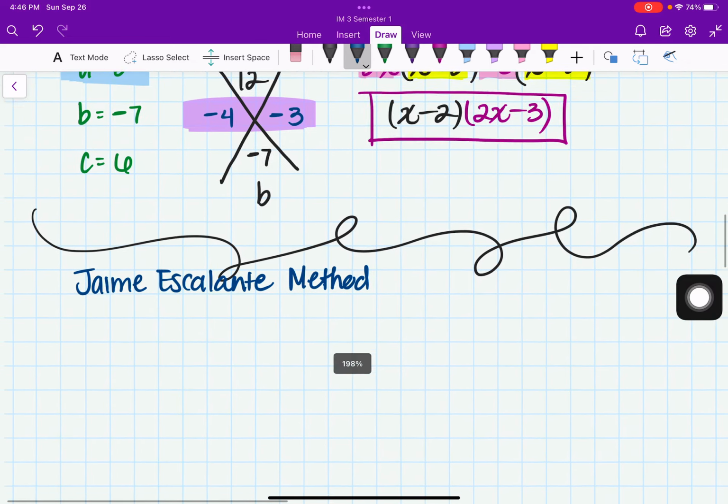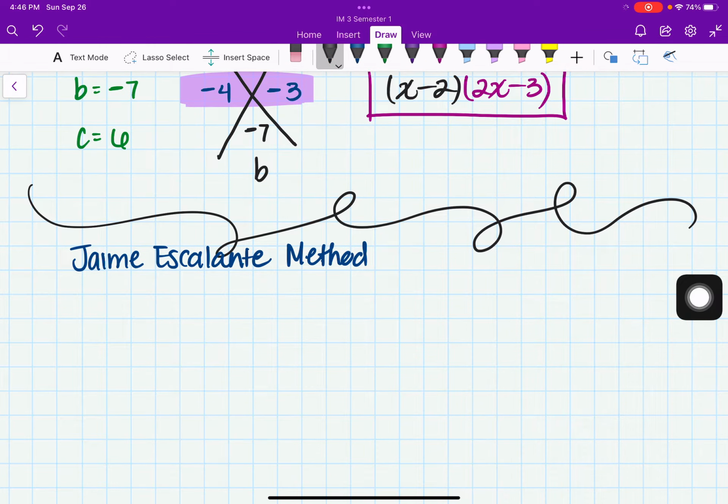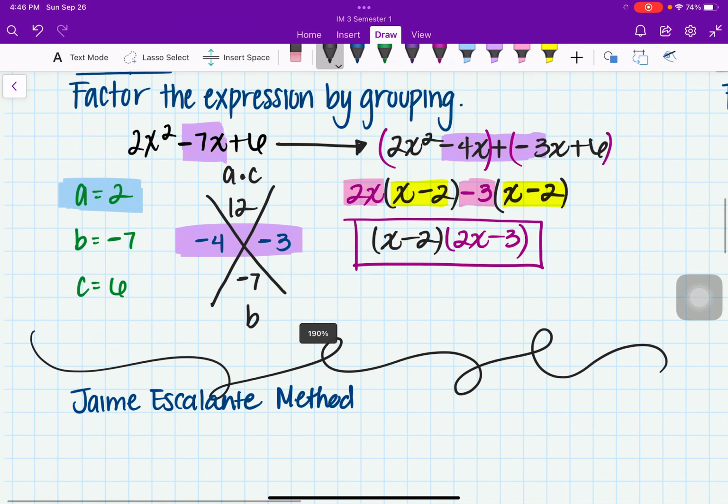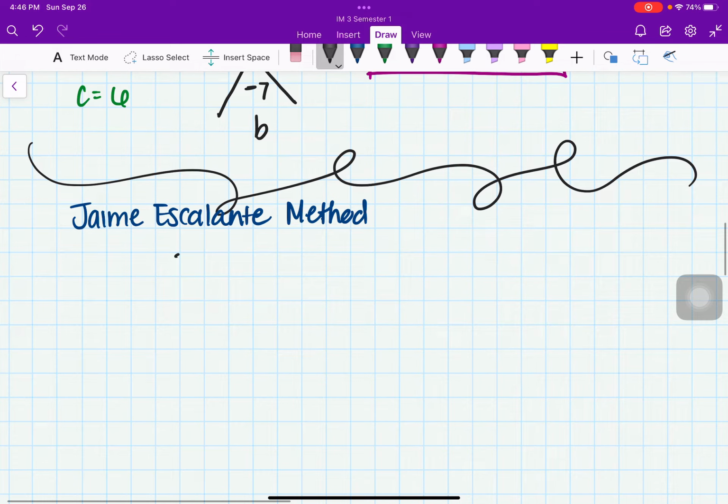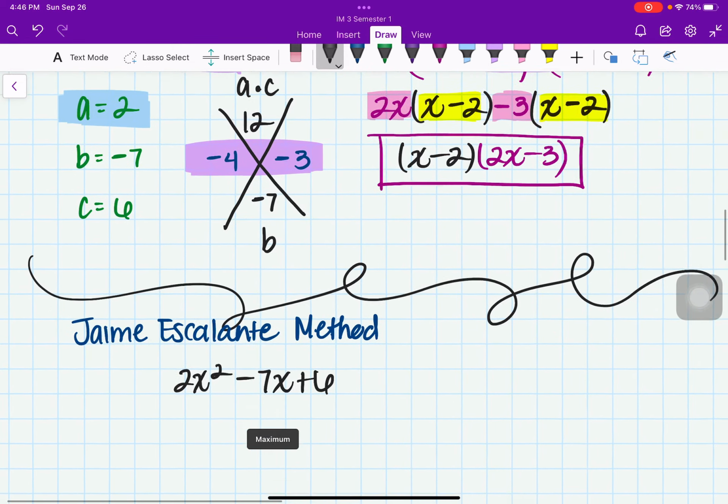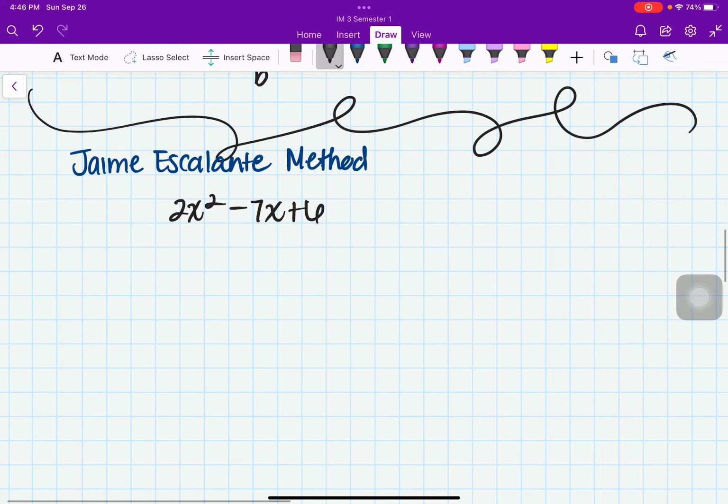So starting off here, we had the expression of a 2x squared minus a 7x plus a 6. And we want to identify once again A, B, and C. In this case, A is a 2, B is a negative 7, C is a 6.